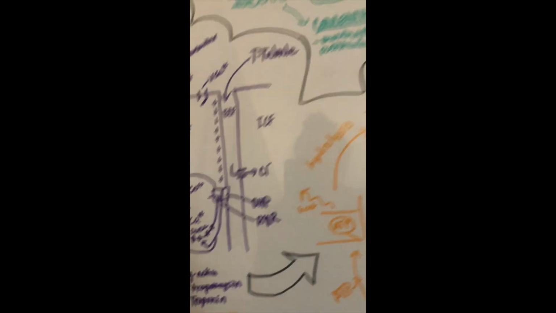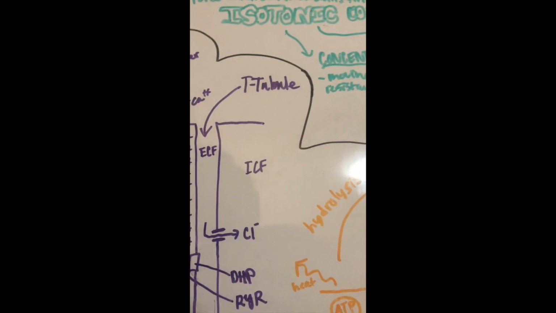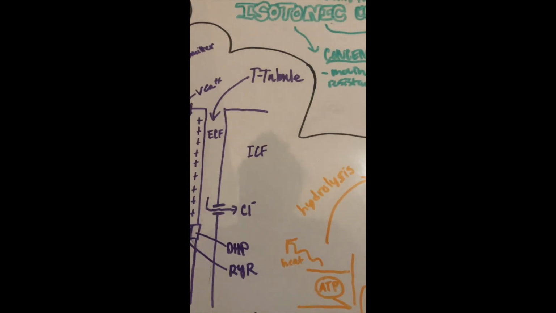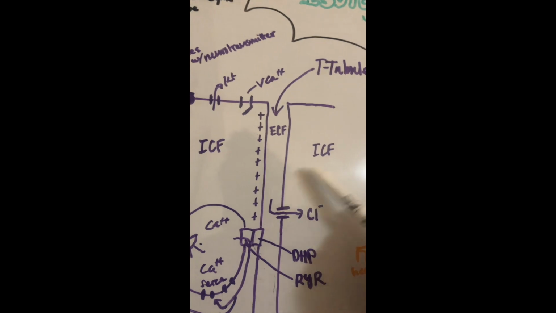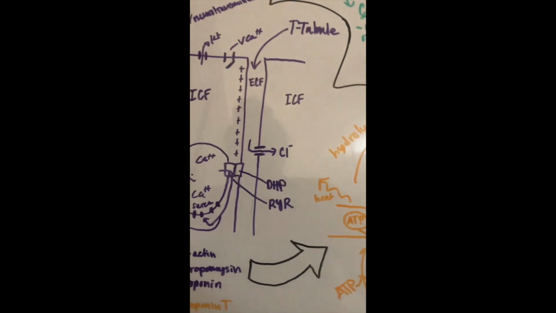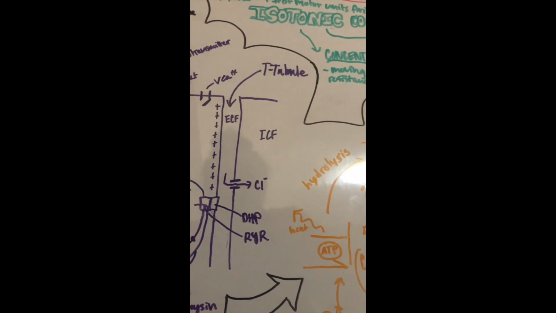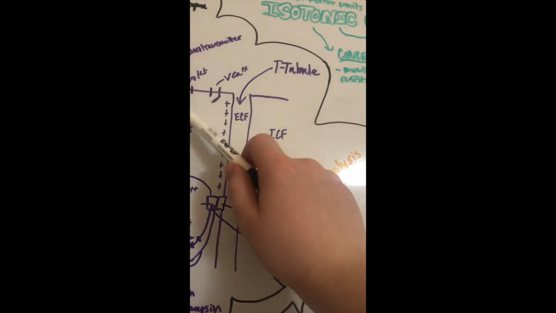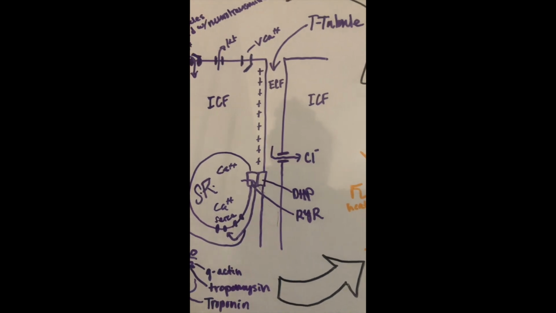So this also can be affected if you have a buildup of calcium or a buildup of potassium or anything outside, or if you have a chloride channel that stops working and stops equalizing all of those charges out, you're going to make it so that this all becomes blocked, which is going to throw off the balance, and then you don't have these positive charges that want to come in, and the whole process once again stops up.